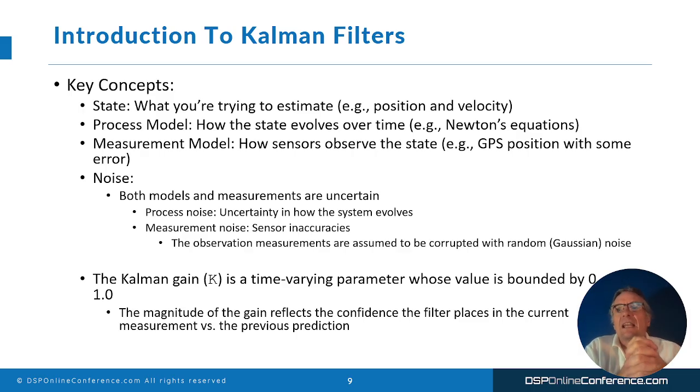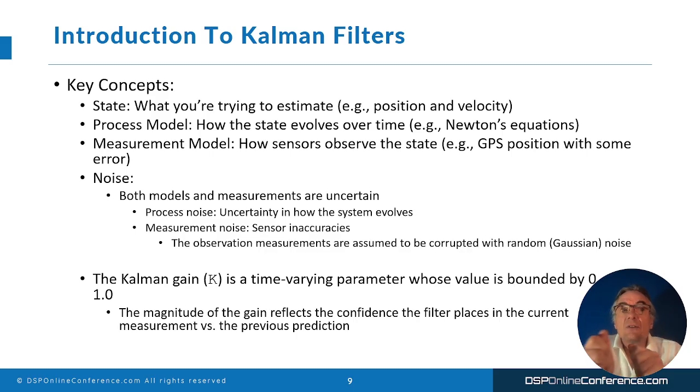But now comes the key to the Kalman filter, and it's the Kalman gain. The Kalman gain is a time-varying parameter between 0 and 1, and the magnitude of the gain reflects the confidence the Kalman filter has in the current measurement, the input measurement from our transducer sensors, versus the previous prediction.